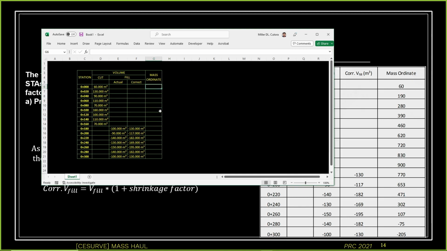All you have to do, the first station, the first mass ordinate is equal to the volume. Then, successively, we will add this.